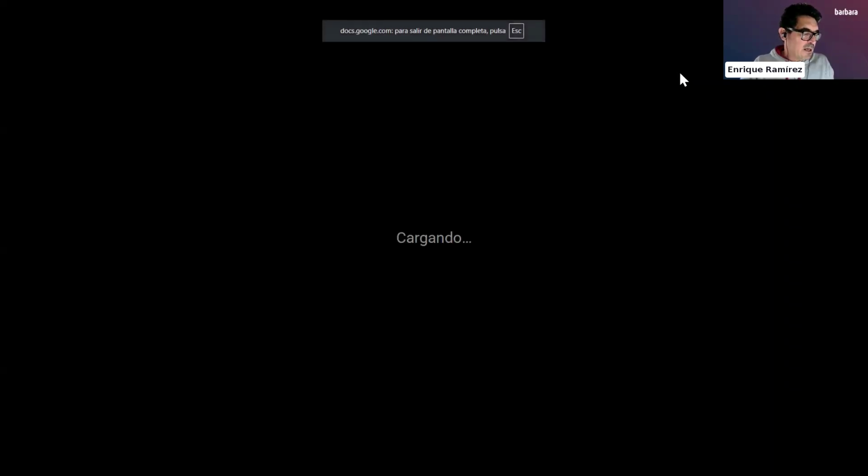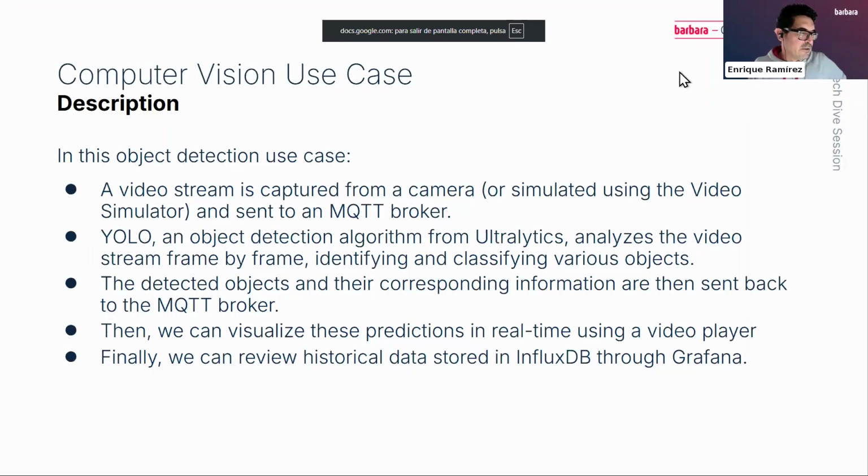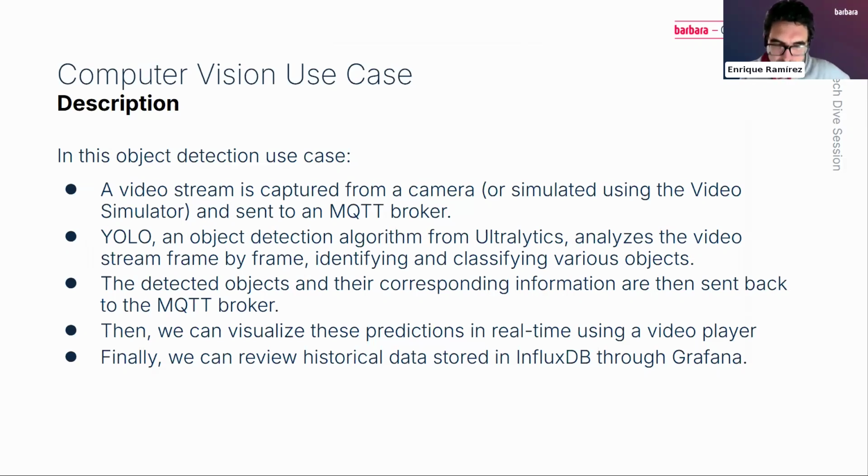Okay. Once we have finished the unified namespace, let's have a look at how we can deploy a computer vision solution. This is one of our most demanded demos, okay, because it's really visual, and it shows very well how we can work with video streams using Barbara and the Edge node, in the Edge.